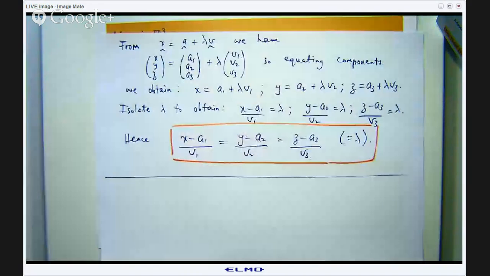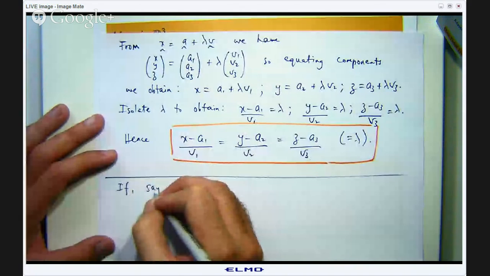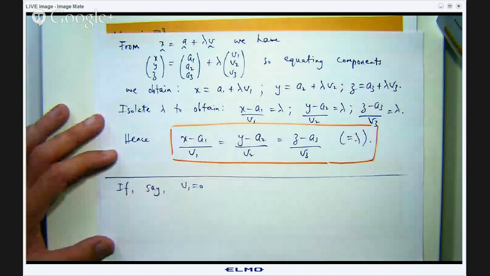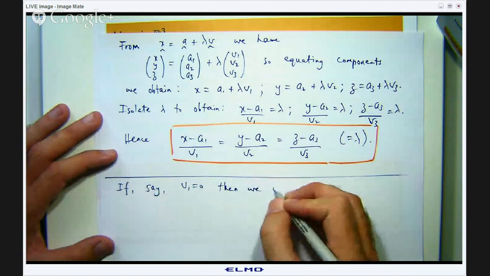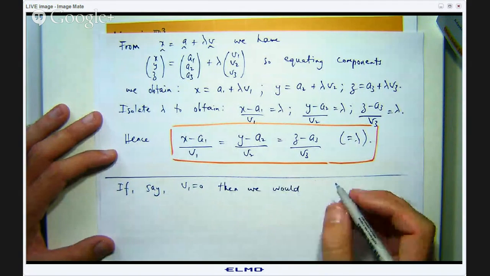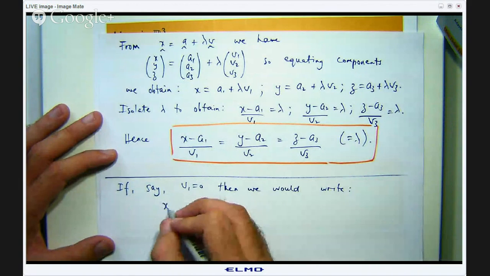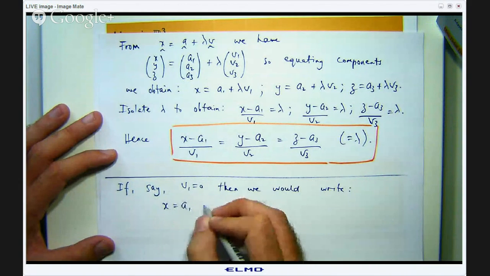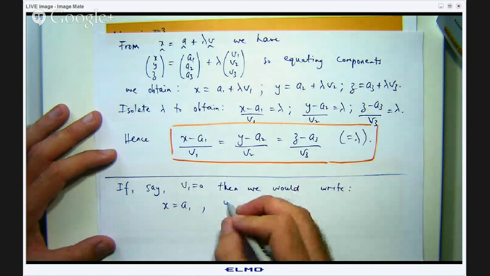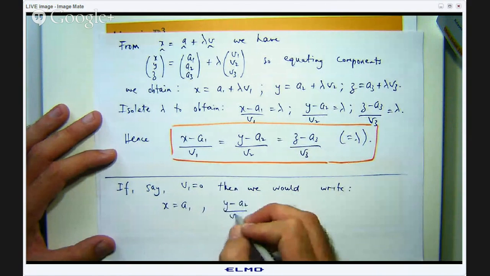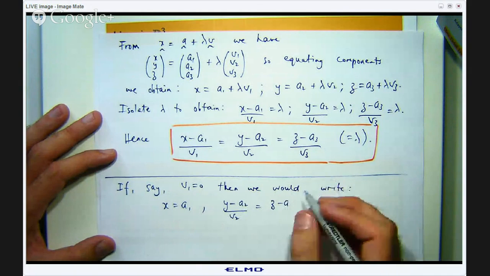So if, say, v1 equals 0, then we'd write the following: x equals a1, together with these two equations here, where v2 and v3 are non-zero.